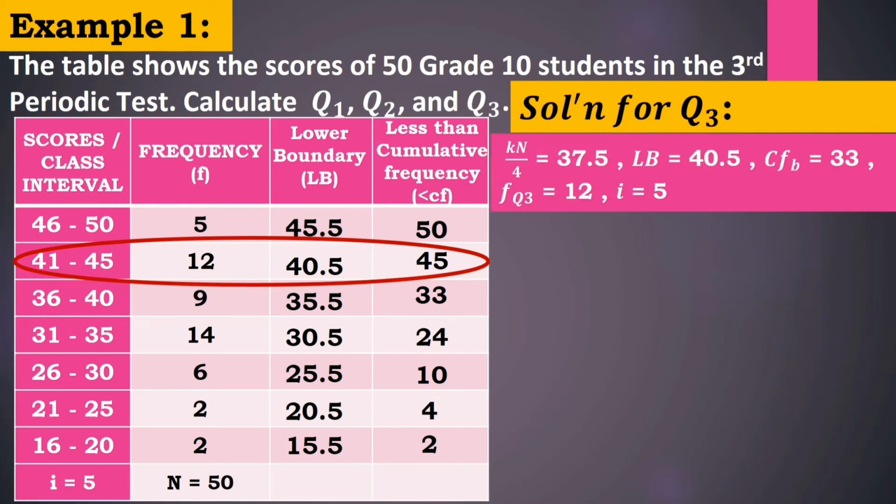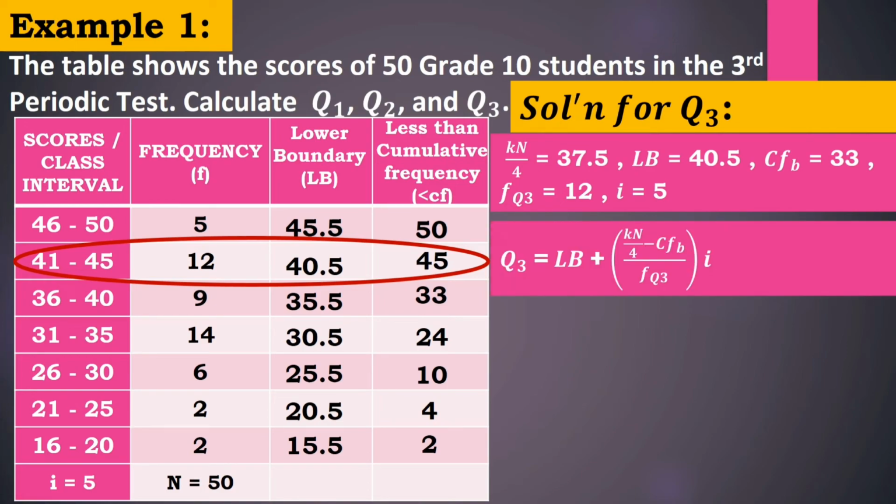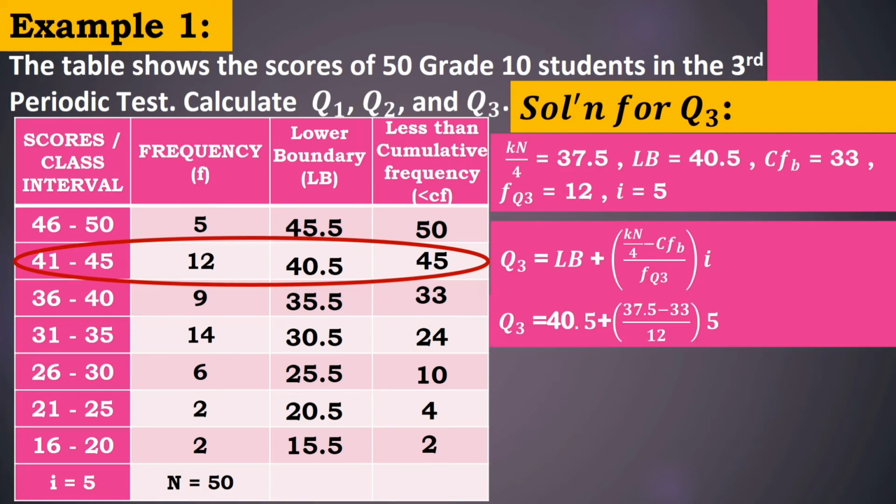Then solving for Q sub 3, let's plug in the values. So Q sub 3 equals lower boundary 40.5 plus the quantity of Kn over 4, 37.5, minus Cf sub b, 33, all over 12 times the size, 5.